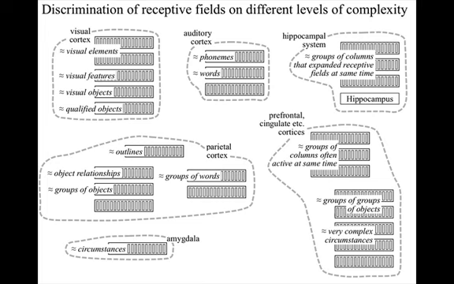Each range of complexity has been defined genetically. Natural selection has identified ranges of complexity that are particularly effective for discriminating between circumstances in which all the different types of behavior needed by the brain are appropriate. The individual receptive fields are defined within the range of complexity from an area from experience.